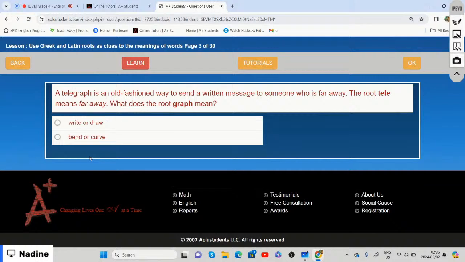But now we need to know, what does the word graph mean? So what does the root graph mean? Does it mean to write or to draw, or does graph mean to bend or curve? Write or draw, bend or curve. The meaning of graph.